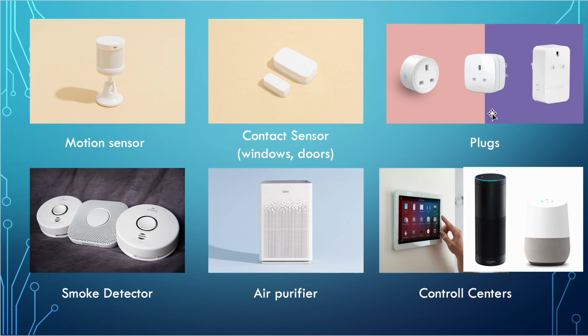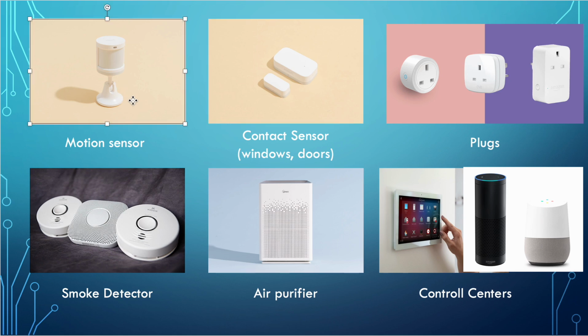Let's look at a small example of networking this device with another device. Let's look at a solution with contact sensors or motion sensors, which we connect with smart plugs. We can use a contact sensor to see if a door is opened or closed, so if somebody comes into a home or room, contact sensors can detect if the door is open or not.